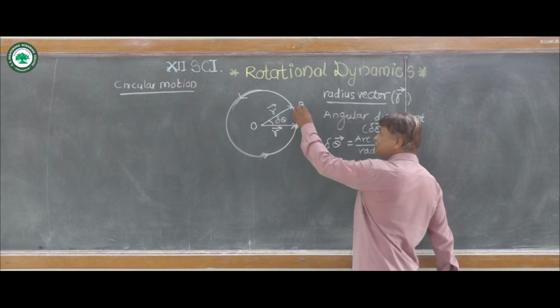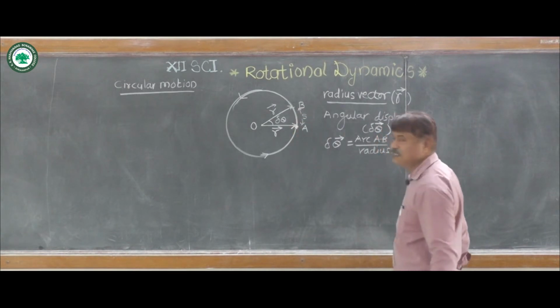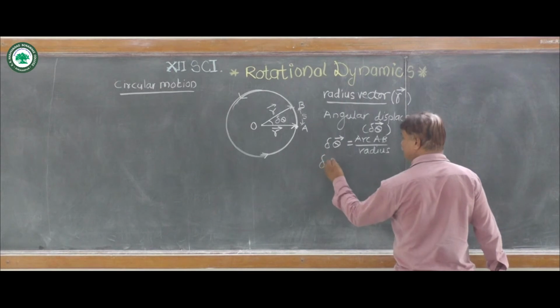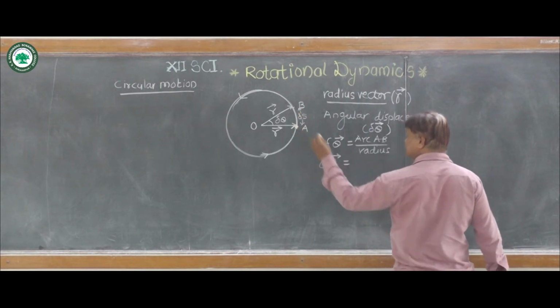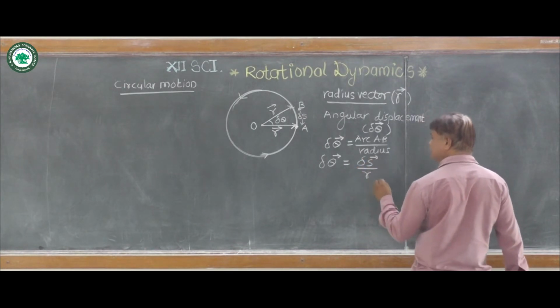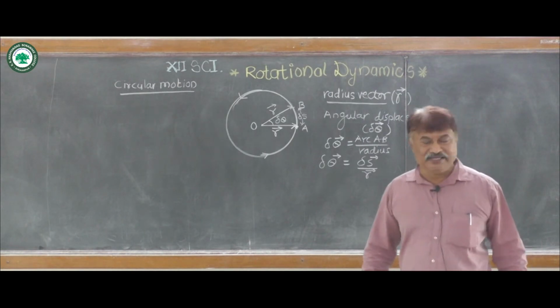And if this arc AB is equal to small s, the distance between A and B is s, then this formula becomes delta theta bar is equal to delta s bar upon radius r bar.